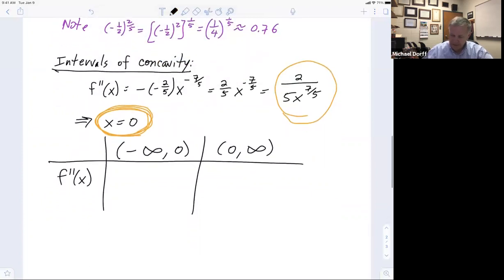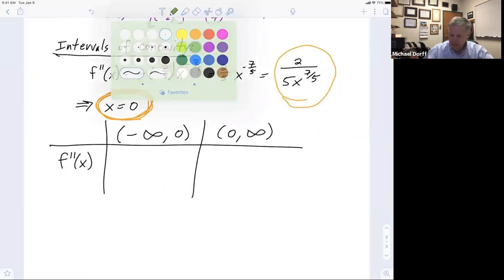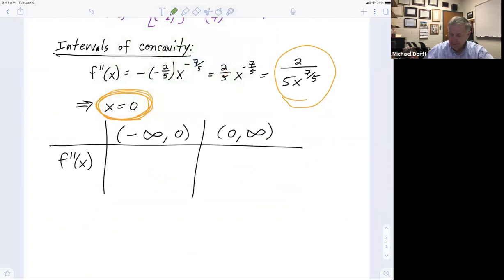All right, now I just go ahead and look at this. When I put in a number in the first interval from negative infinity to 0, let's say I look at the second derivative at negative 1, I'm going to get 2 over 5 times negative 1 to the 7/5.